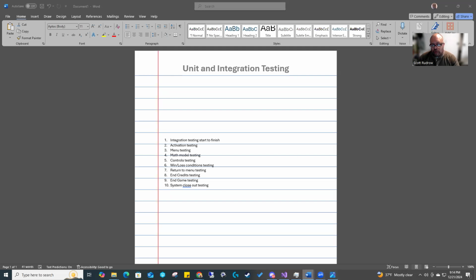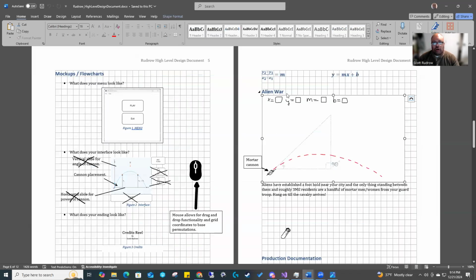Our math model is actually here on the document, and it uses a series of different math models, a parabolic equation, which is y equals mx squared plus b, and the slope, which is y2 minus y1 over x2 minus x1 equals m.